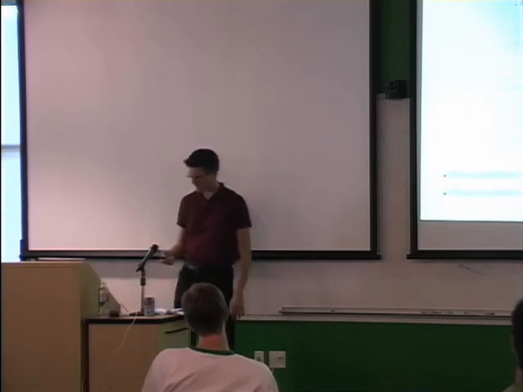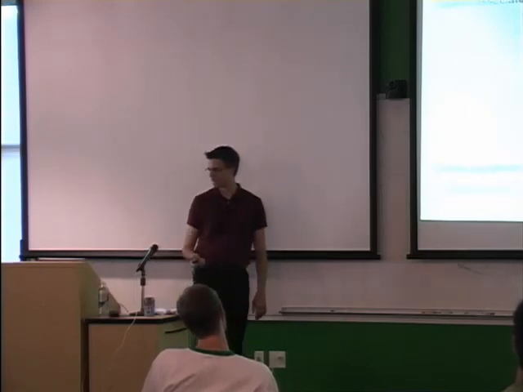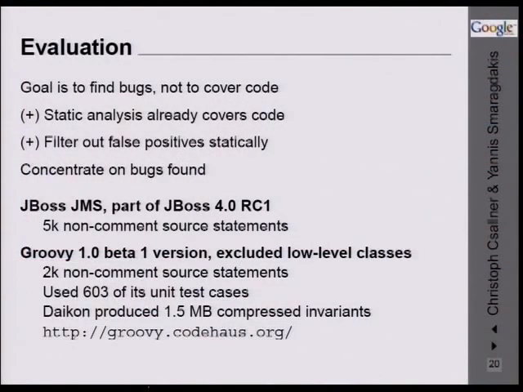So let me talk about our evaluation. The goal of the tool is to find bugs, right? Some people use coverage metrics to evaluate the value of automatic test case generators, and I think that's a really bad idea.